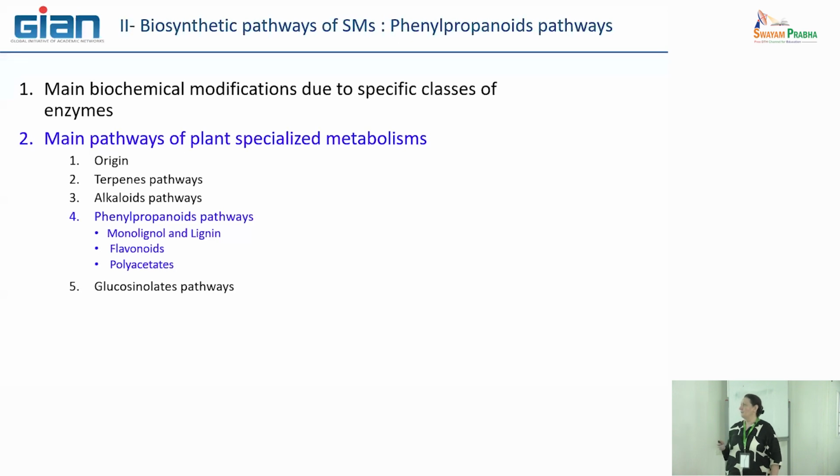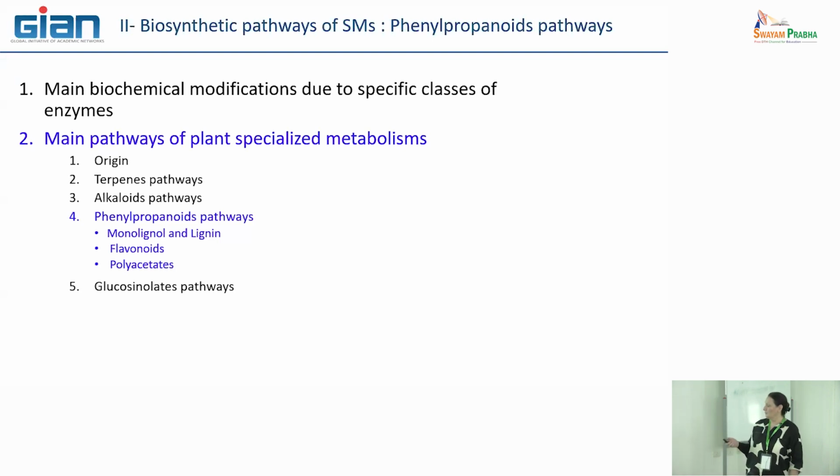So the phenylpropanoid pathway is also a very important one. There is not only one pathway, because you have now already well understood that there is a common part and after that there are some specific parts. So now I think you are quite confident in this type of organization.